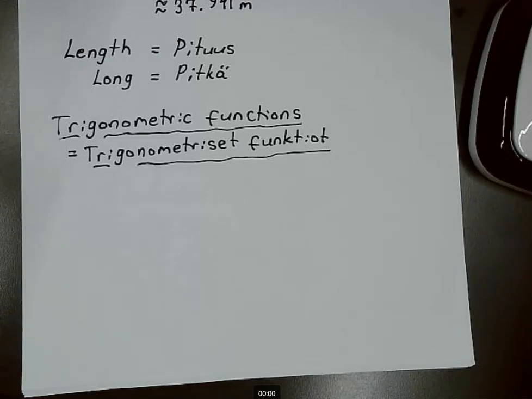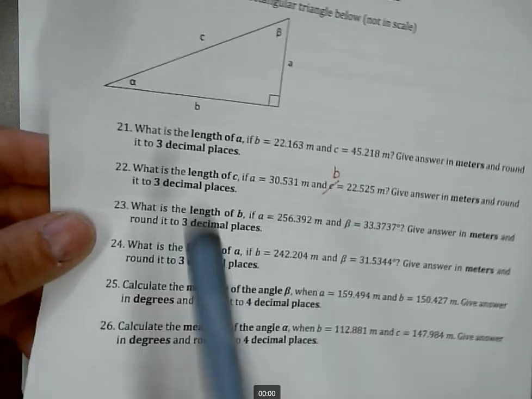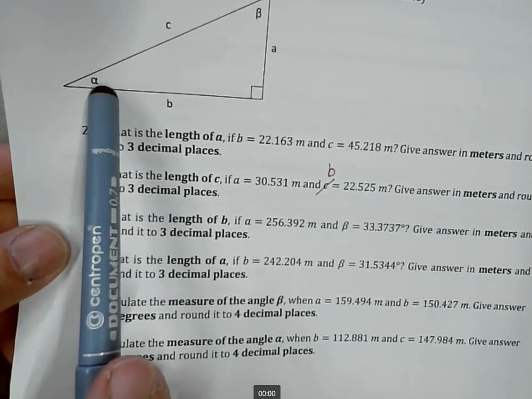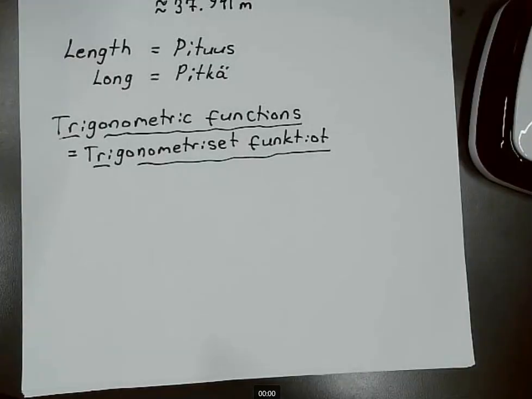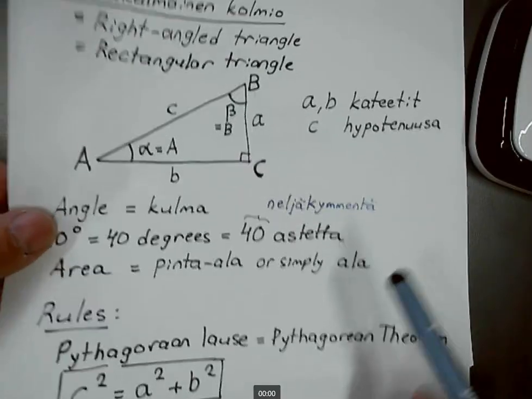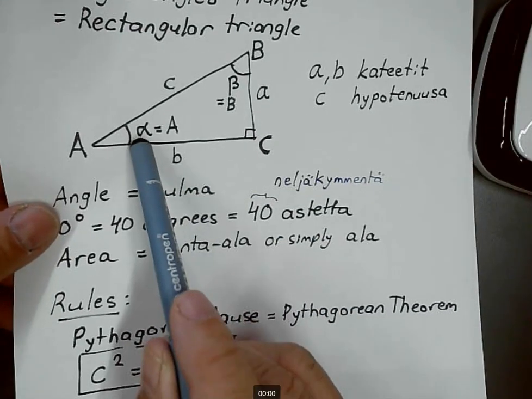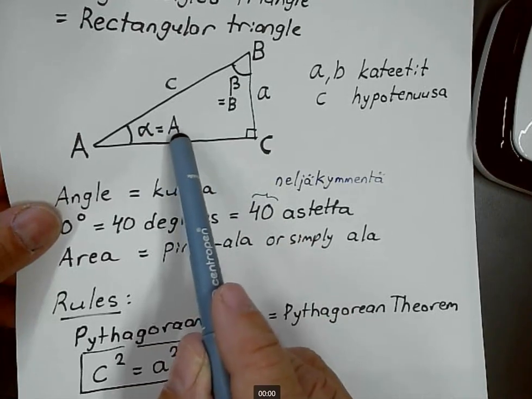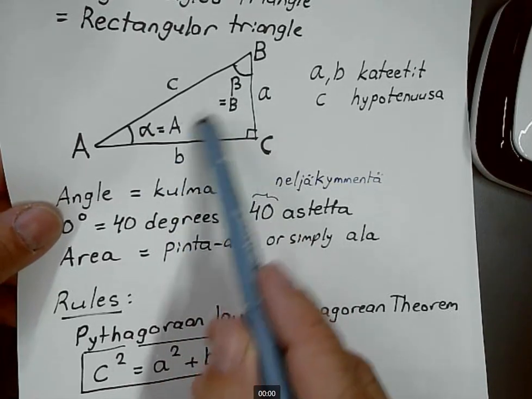By the way, if you could, please, everyone who is there online, write to the chat box which way you are used to having these Greek letters in the place of angles, or I will show in this picture. Are you used to having this alpha and beta there, or these capital letters A and B?